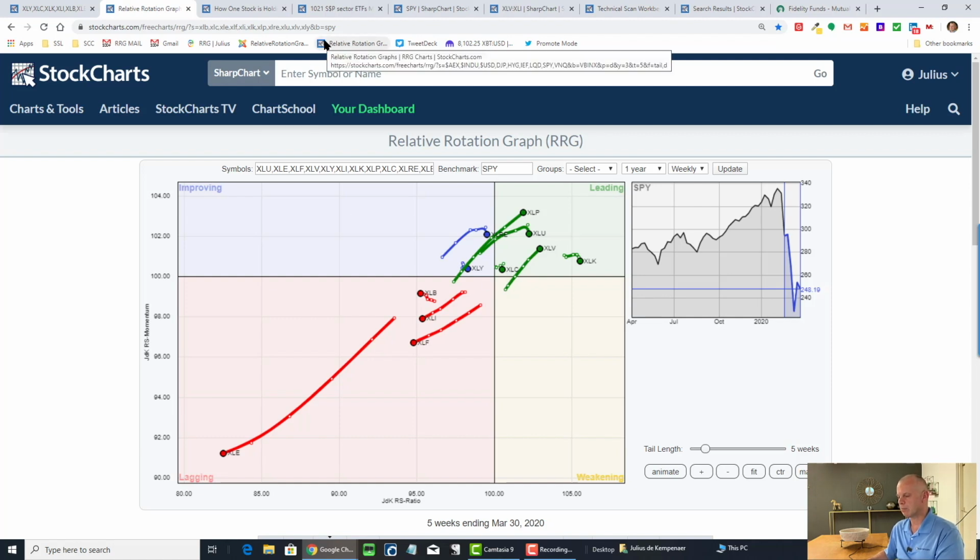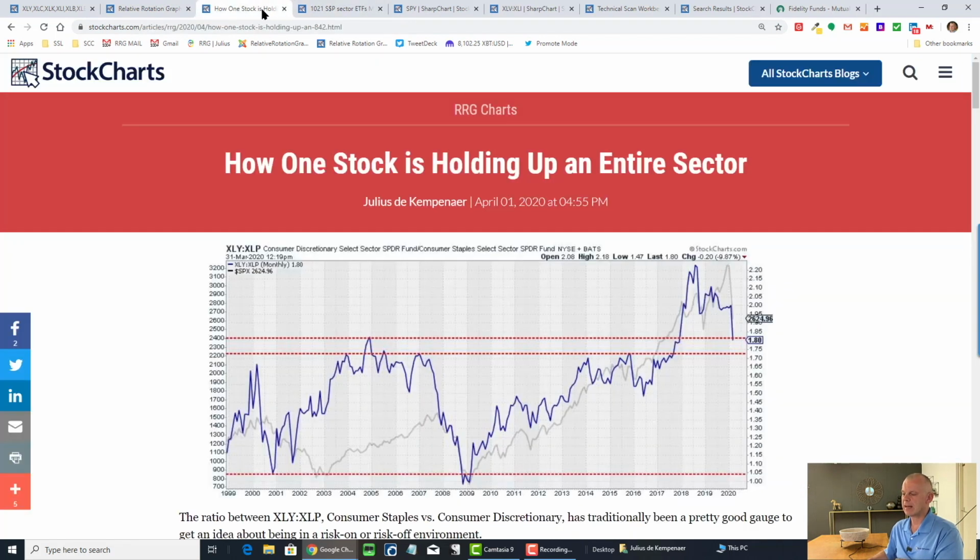In the blog that I wrote, I actually looked at the composition of the sectors, and in discretionary, Amazon is a very heavyweight stock. And if you take out the performance of Amazon, the consumer discretionary sector looks quite different.